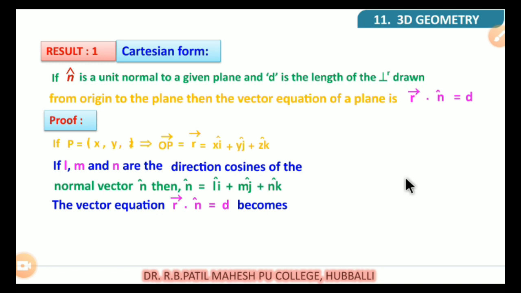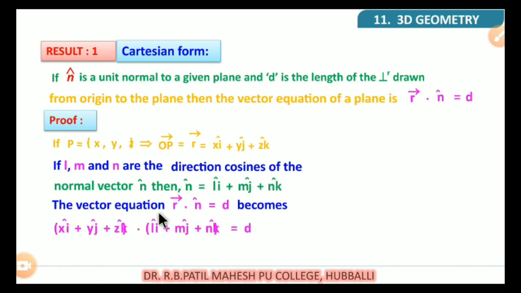Now we replace the values. r vector is xi plus yj plus zk, dot product with n cap, and n cap is Li plus Mj plus Nk. So we take (xi plus yj plus zk) dot (Li plus Mj plus Nk), which is equal to d.